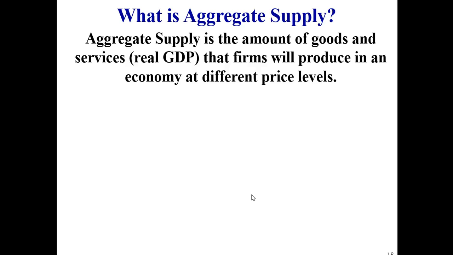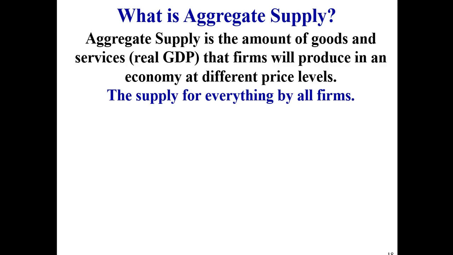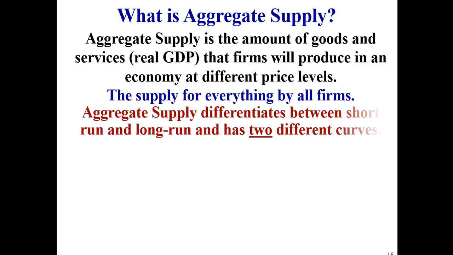So this is also real GDP. Because remember, with GDP, we use two methods of calculating it. We use the expenditures method, which we just looked at for demand, which is C plus I plus G plus net exports. And we use the income approach for the aggregate supply side of it, which is payments to the various resources. So aggregate supply then is defined as supply for everything by all firms.